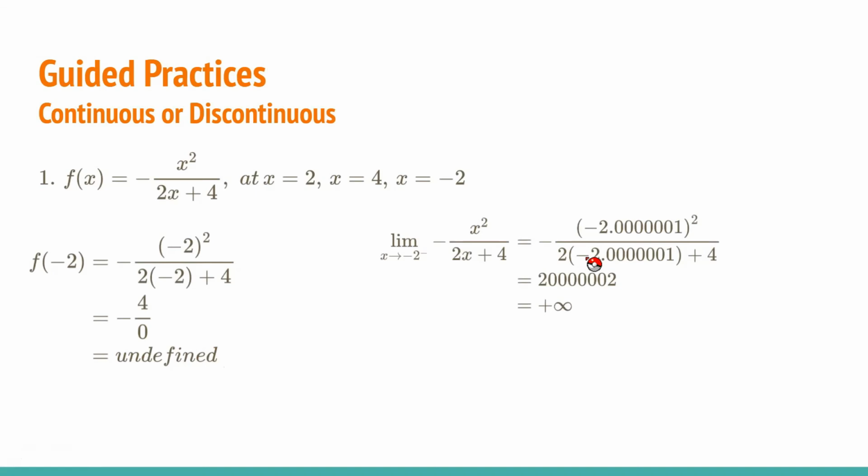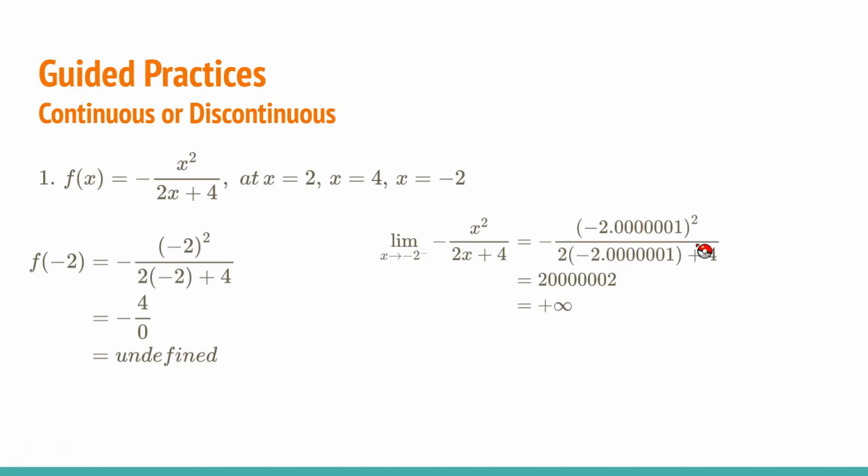So in order for us to find the limit, let's try to get the closest value from the left to negative 2. So that would be negative 2.00000001.